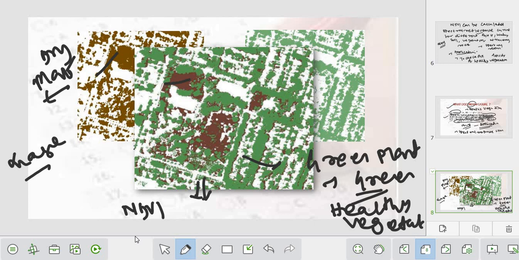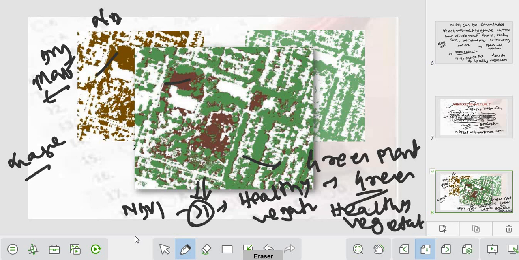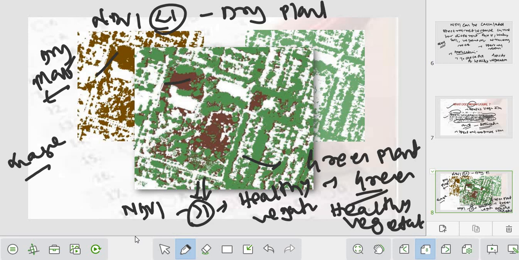ठीक है, अगर NDVI value normally greater than 1, then it comes to हेल्दी वेजिटेशन ना. अगर ज्यादा होगा NDVI वैल्यू, अगर कम होगा that means if the NDVI value will be less than 1, it is dry plant or a dry vegetation.